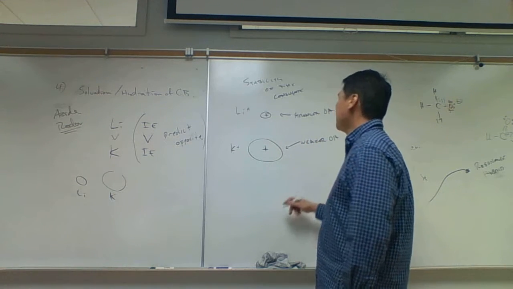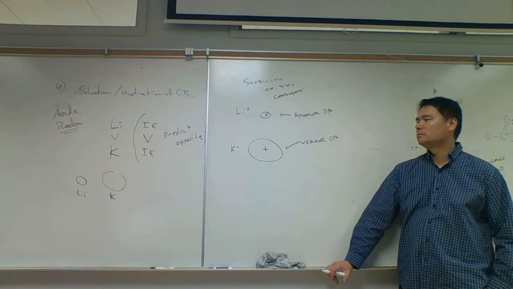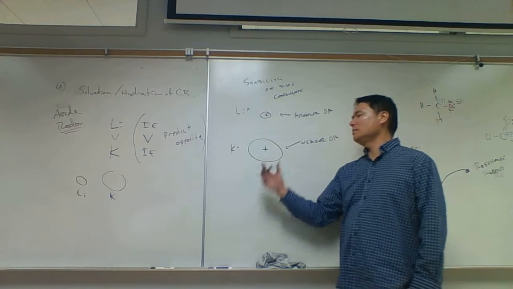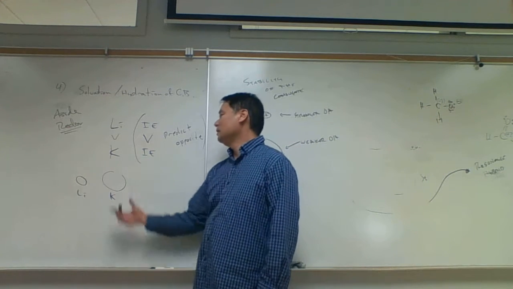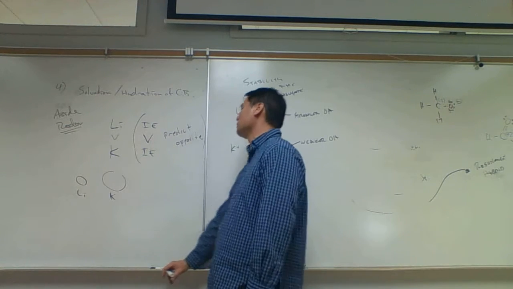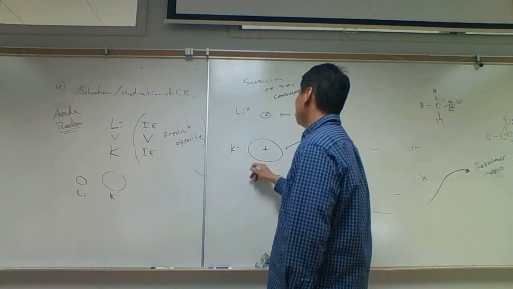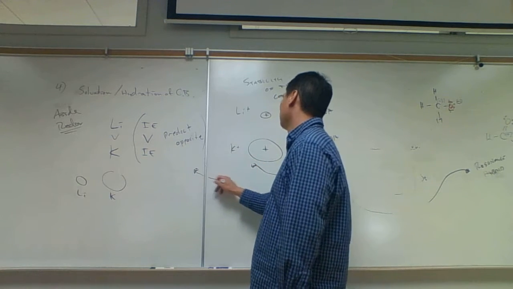And so that means that potassium ions are more stable. They're less reactive. So if potassium ions are more stable, less reactive, then that once again tells us that potassium should be a better reducing agent. And so both of these tell us potassium should be a better reducing agent.